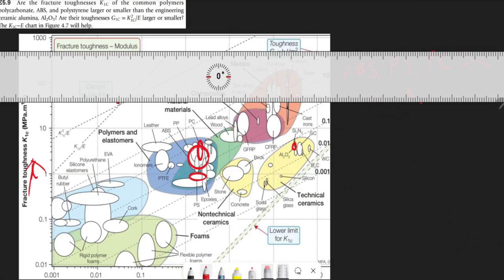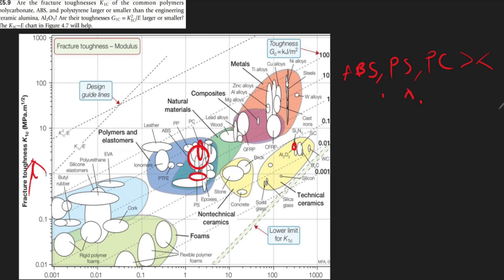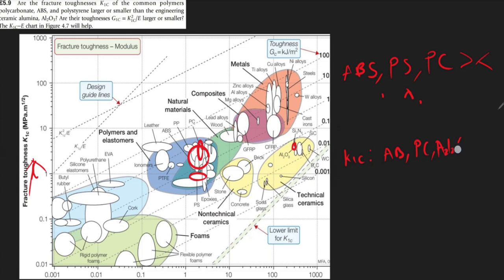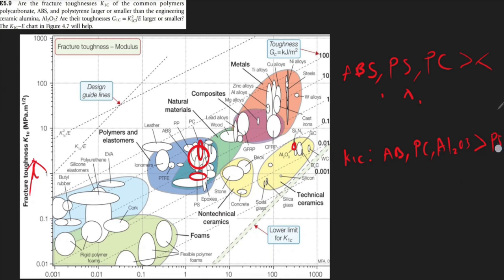So here you can see that for K1C, ABS, polycarbonate and alumina, Al2O3, have a greater K1C than polystyrene.